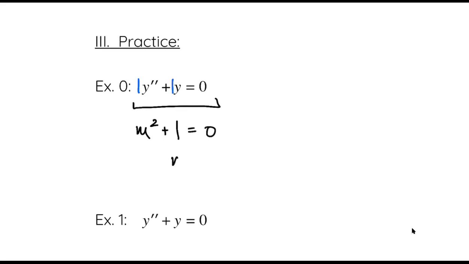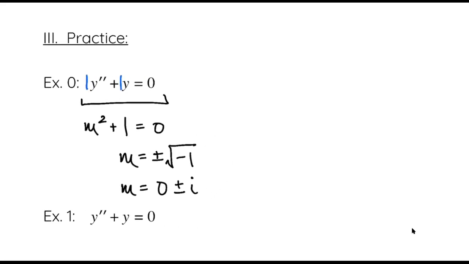Okay. And now we find our solution, right? Our roots are going to be plus or minus the square root of -1, which we know to be 0 plus or minus i. Now these are our roots. They are complex roots.